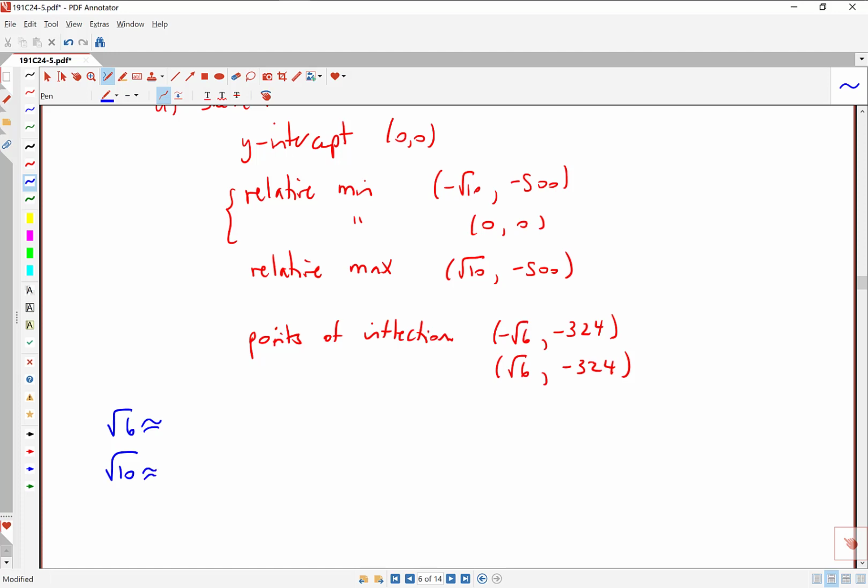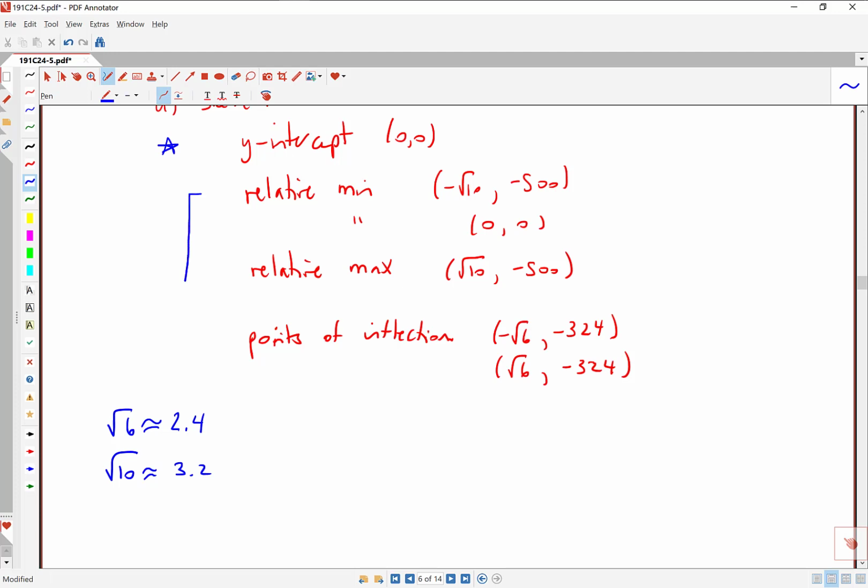So root 10 is about 3.2, so just a bit bigger than 3 in terms of the sketch. And root 6 is about 2.4 or 2.5, you could say, when we're doing the sketch. So just breaking this down conceptually, the y-intercept required no calculus.